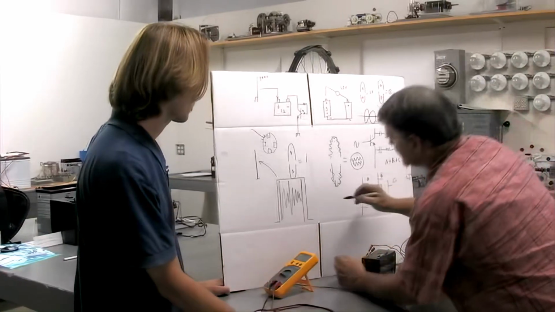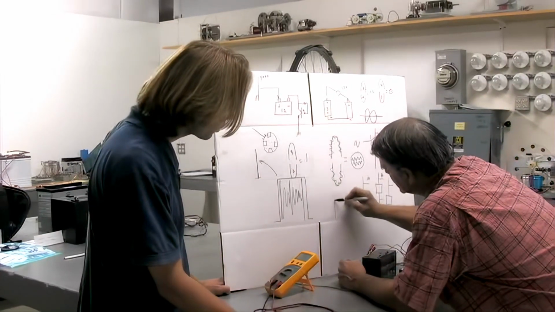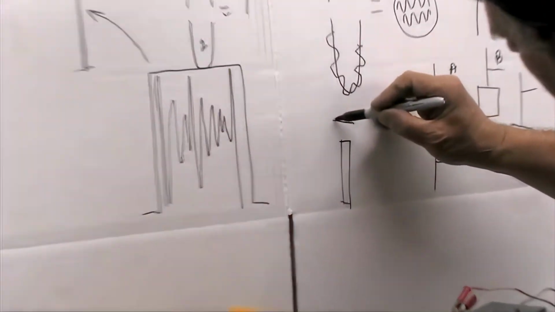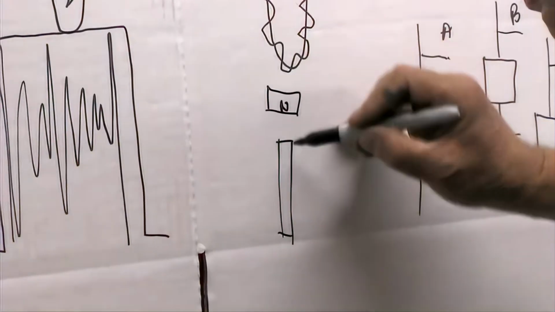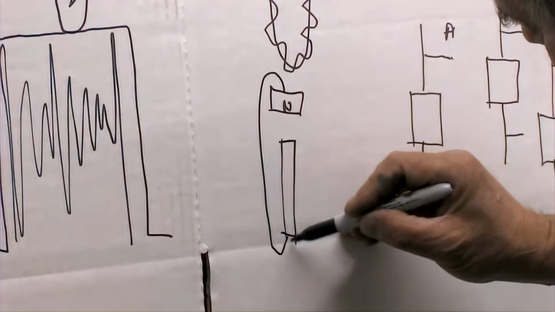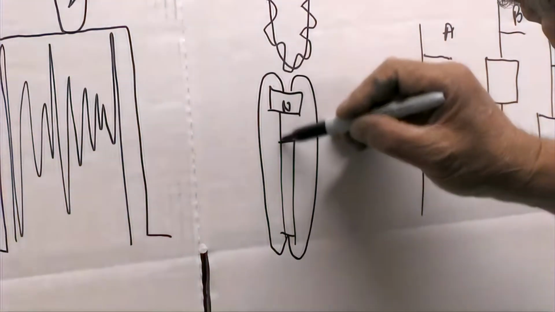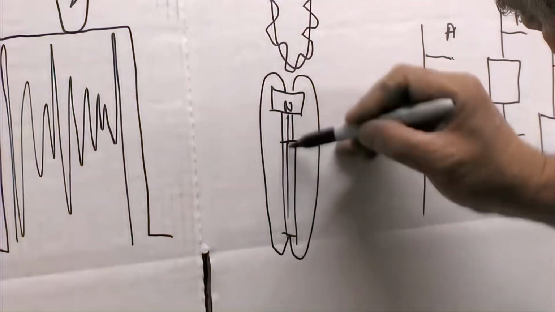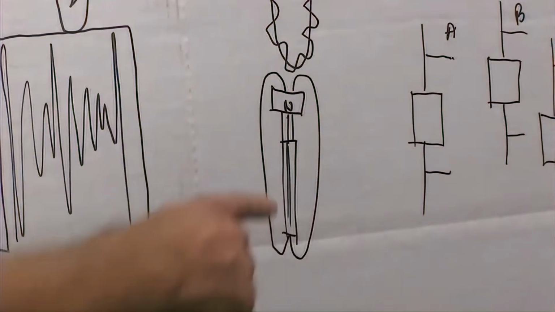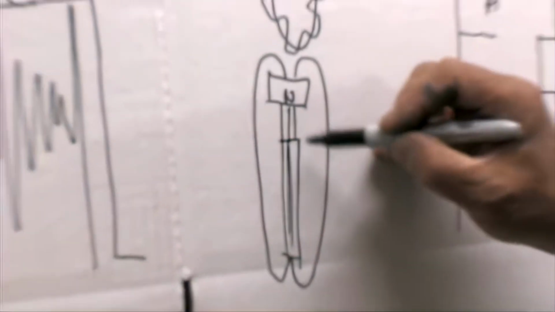So what happens is the magnet comes by, and this field actually couples like this, and this becomes energized. And this is the core of the coil.